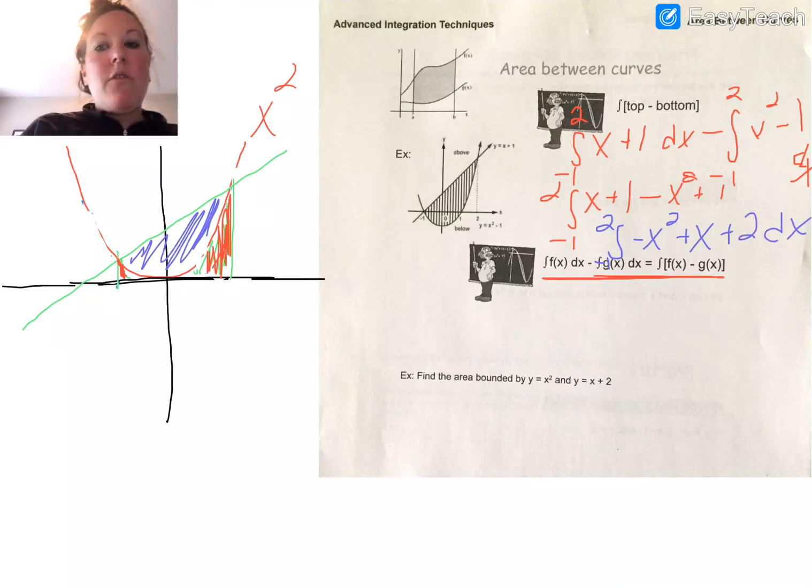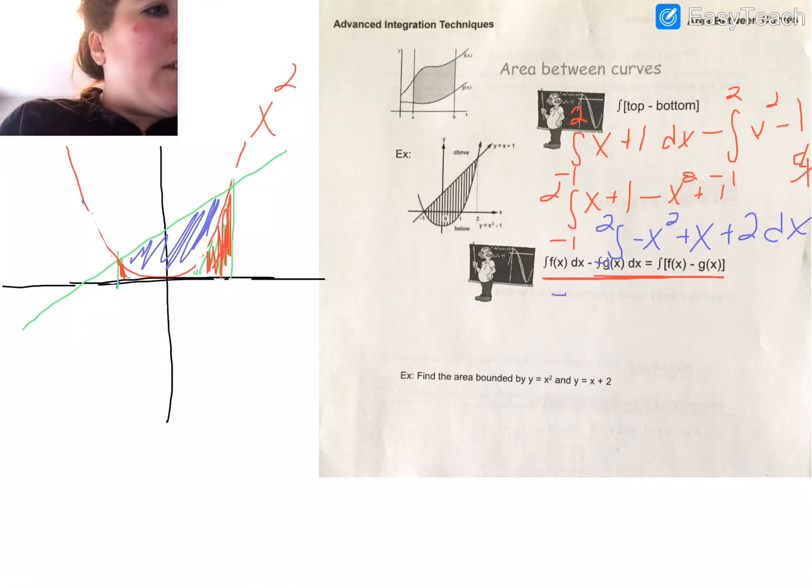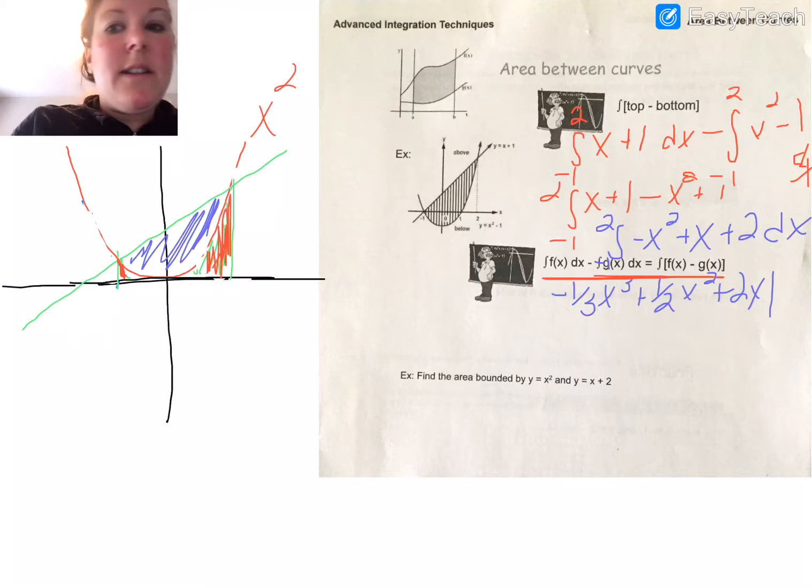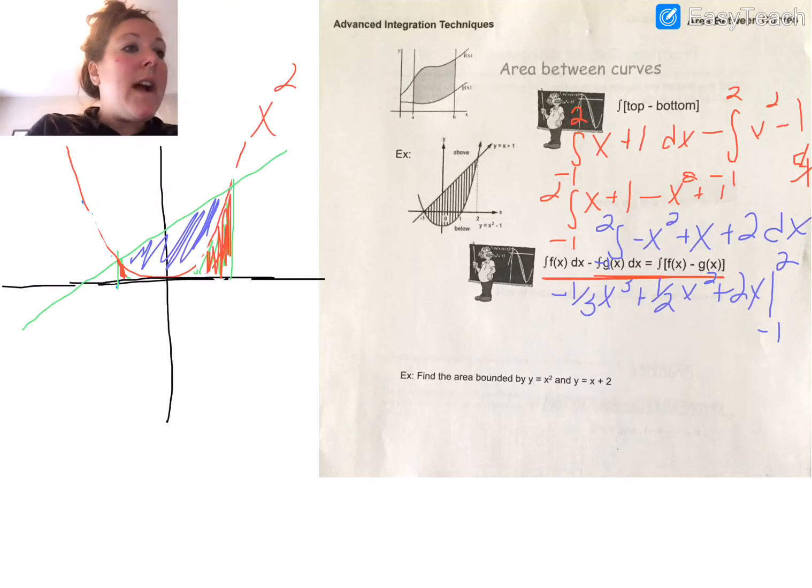So now I'm ready to integrate. So -1/3 x cubed plus 1/2 x squared plus 2x, and I'm going to evaluate that from -1 to 2. For the lack of space that I have here, I am going to number crunch without showing it.